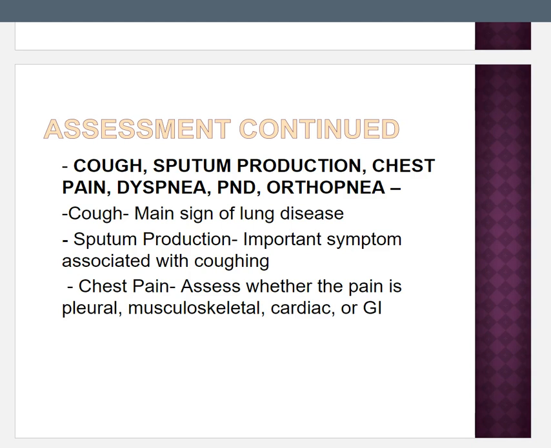We classify that as that frothy pink sputum. And please know that when you assess that type of sputum, pulmonary edema is a medical emergency, and you need to get on the phone and definitely inform your physician that that is the kind of sputum your patient is producing, because we need to act quickly or your patient could possibly die.